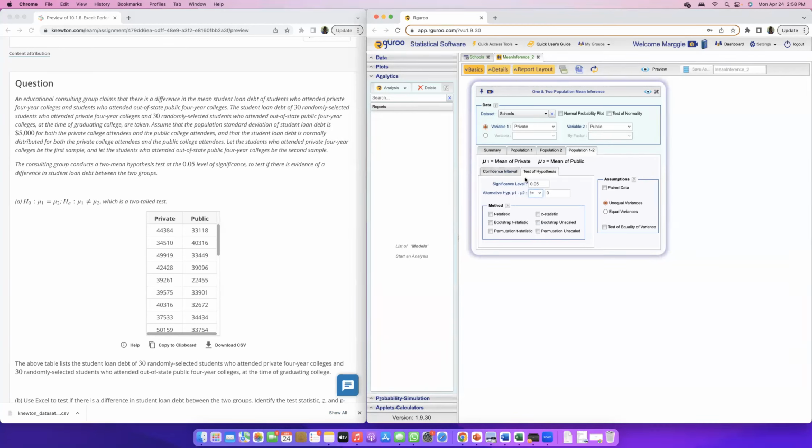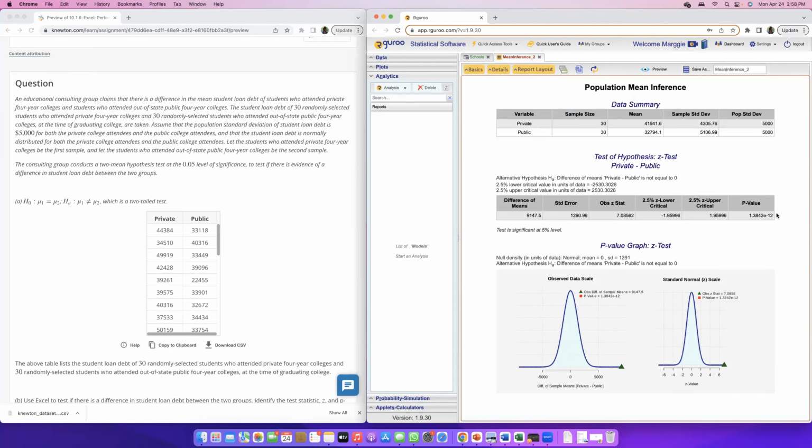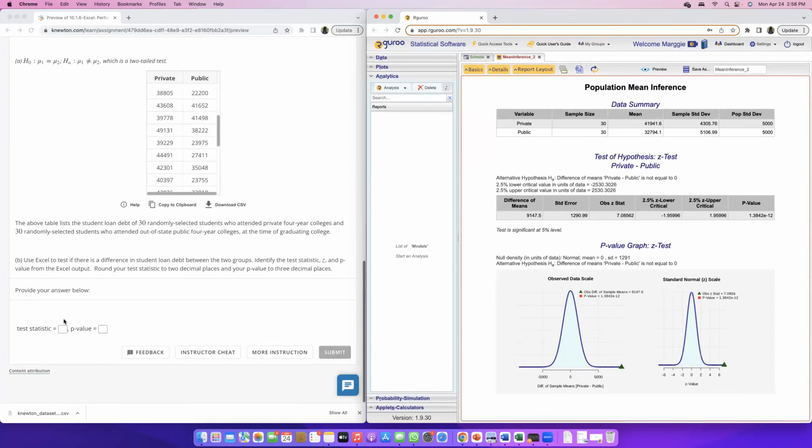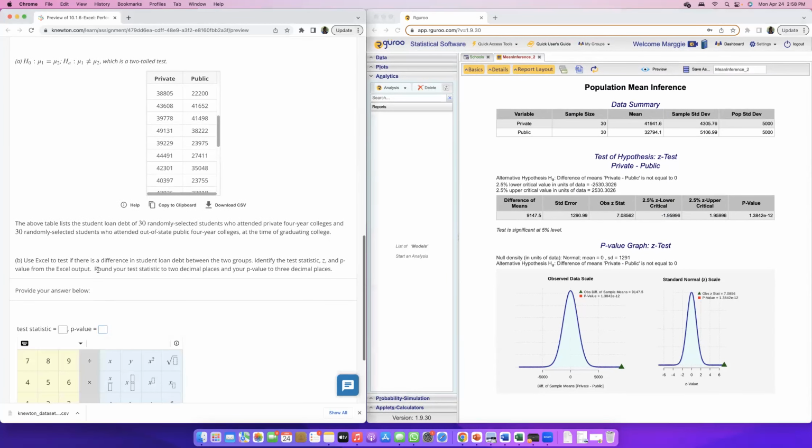All right. We know the standard deviation of the population. Every time we know the standard deviation of the population, we are doing a Z statistic test as our method. And then once we have that, we click on the I and we have our output. We need the test statistic and we need the p-value rounded to 2 decimal places.